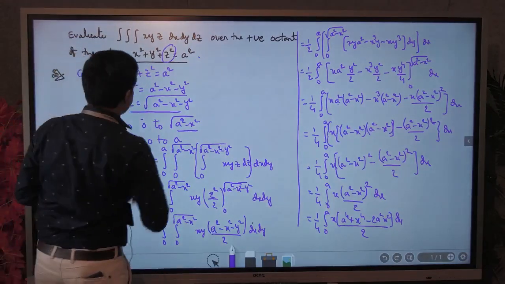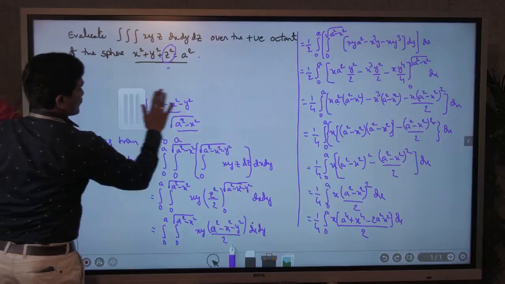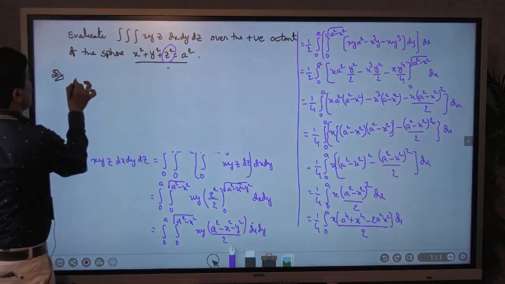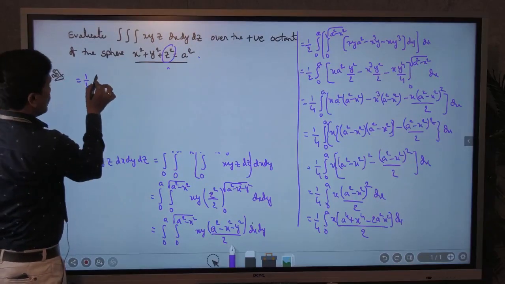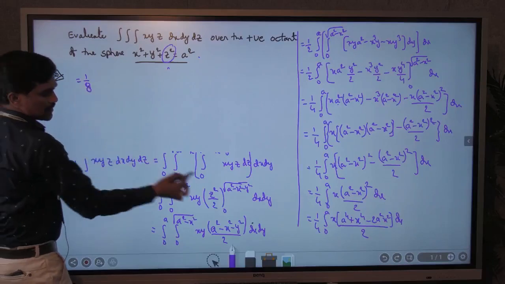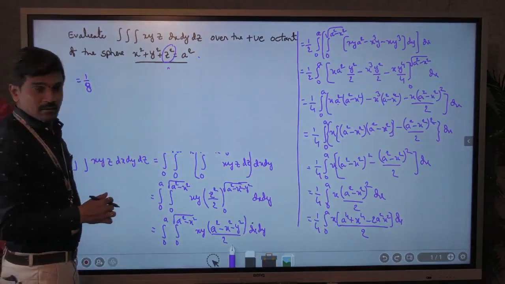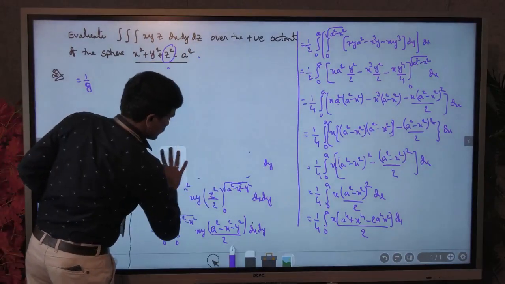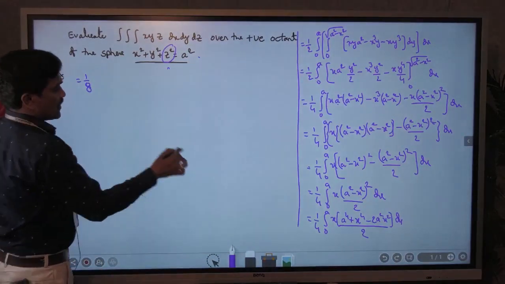Now simplifying that, 1 by 4 and 1 by 2, so 1 by 8.